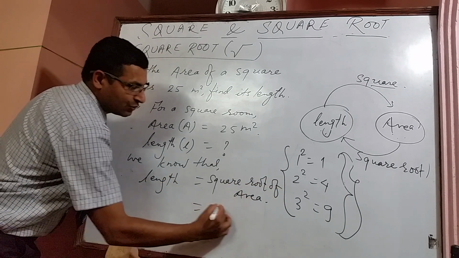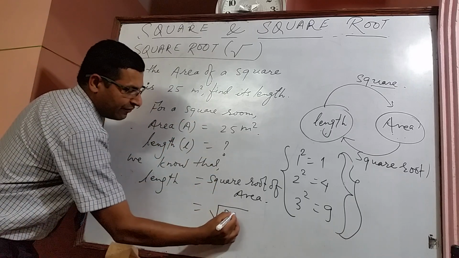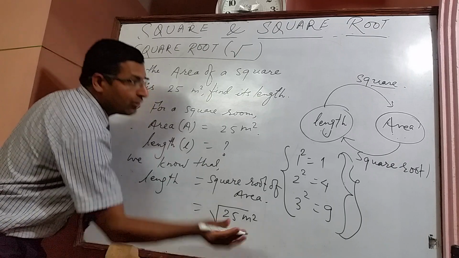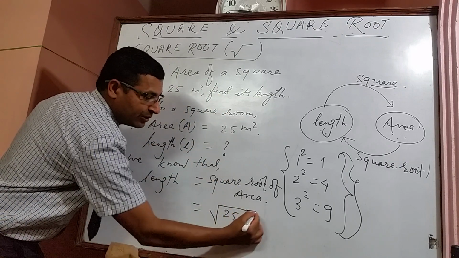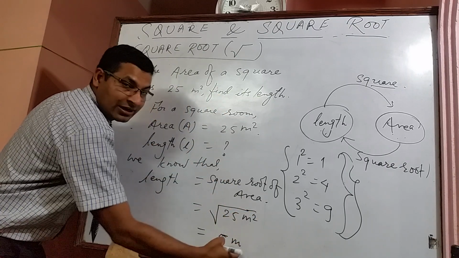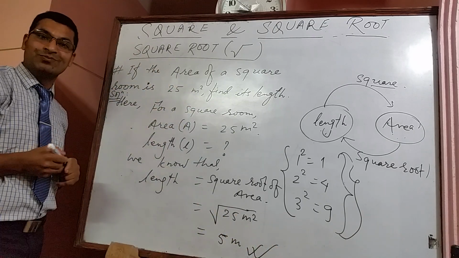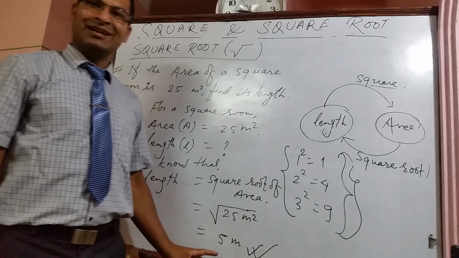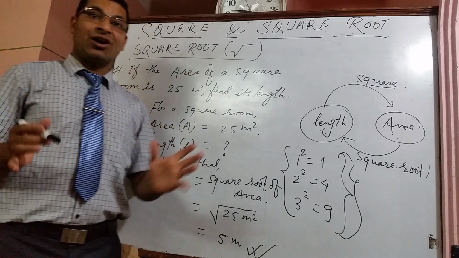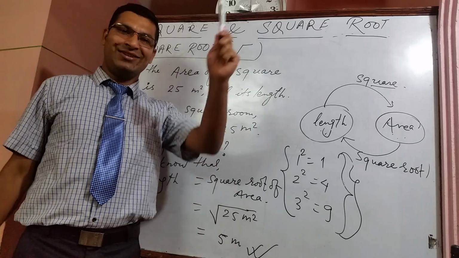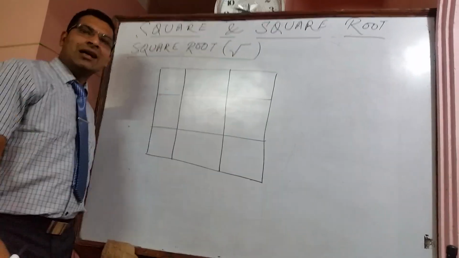The area is given as 25 meters square, and the square root of 25 is 5, you already know, and the square root of meter square is taken only one time, meter. This is the length of that square room. This also can be an application or use of finding square root. Very good. I think you are getting me.